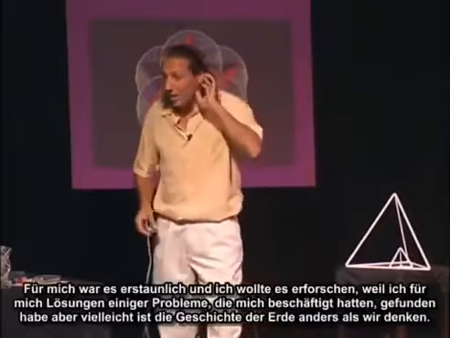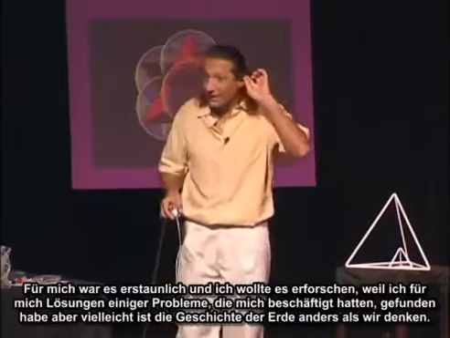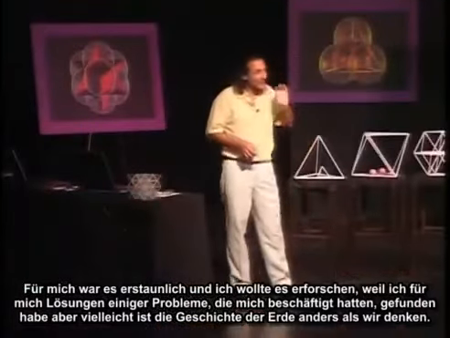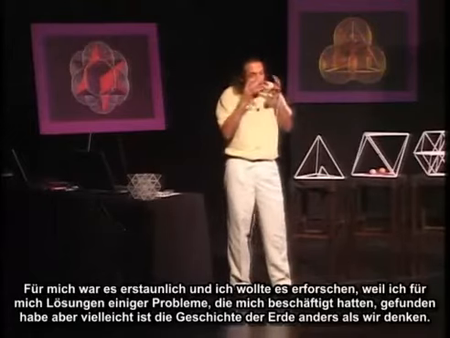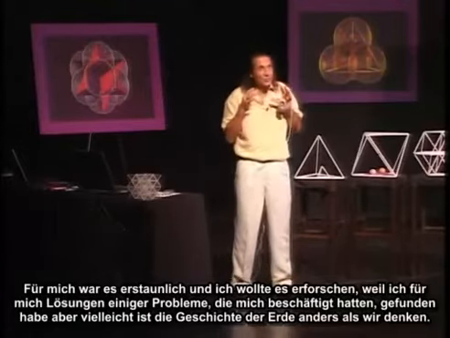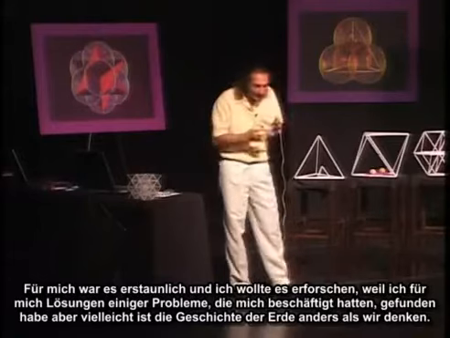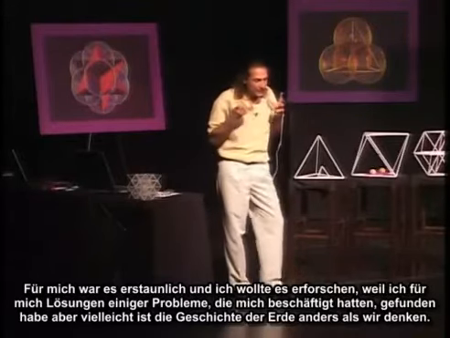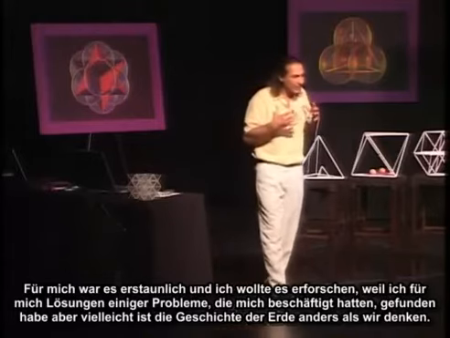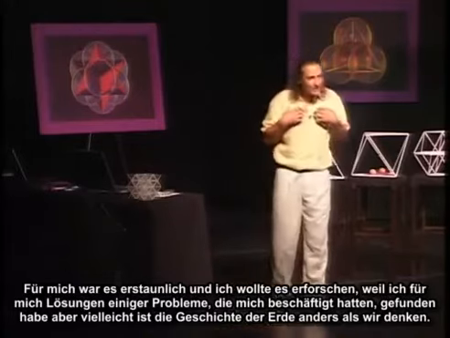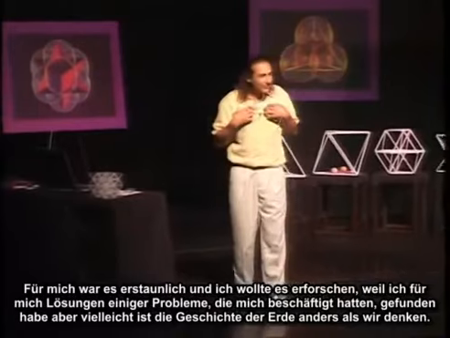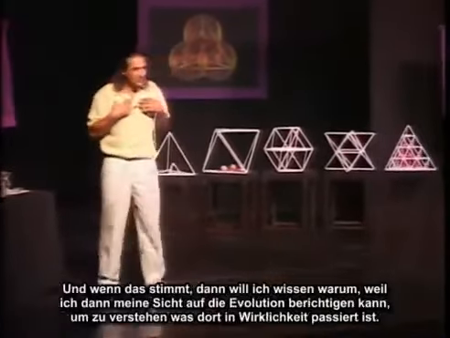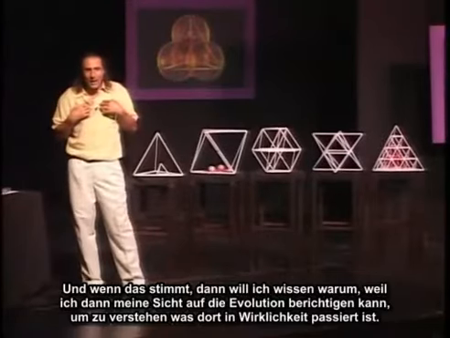And so I was really kind of stunned because I started to study it, because to me, I had solved a lot of these issues, but there was something that just kept on nagging at me. It's like, maybe the history of the earth, maybe the history of our civilization is quite different than what we think it is. And if that's true, I want to know why.